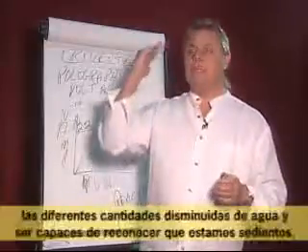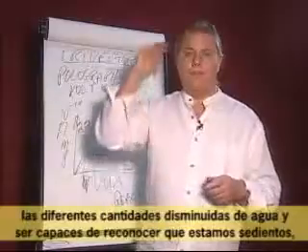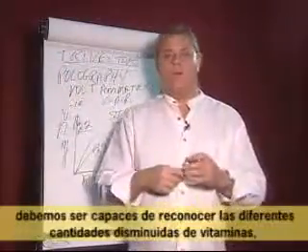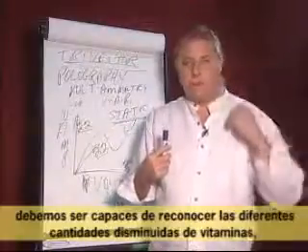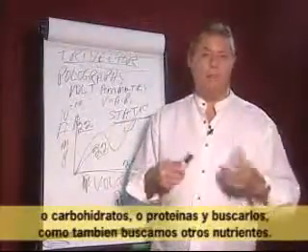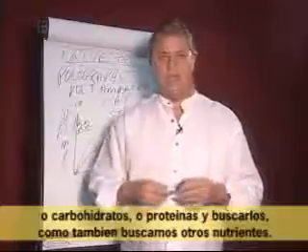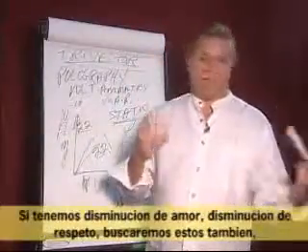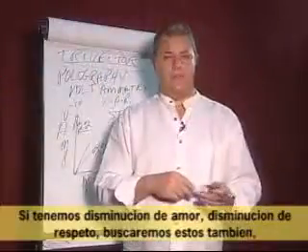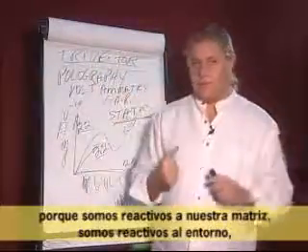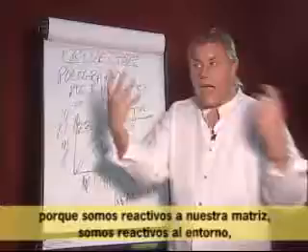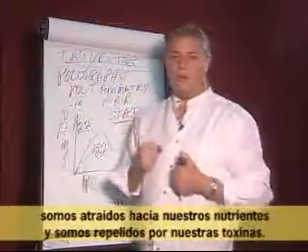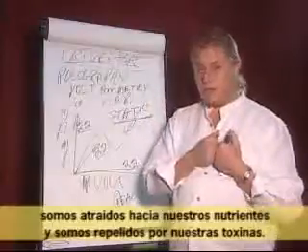We have to be able to detect the diminished quantity of water and recognize that we're thirsty. We have to recognize the diminishing quantity of vitamins or carbohydrates or proteins and seek those out, as we seek other nutrients as well. If we have diminished love or diminished respect, we will be seeking that as well, because we are reactive to our matrix. We are reactive with the environment. We are drawn towards our nutrition, and we are repelled away from our toxins.